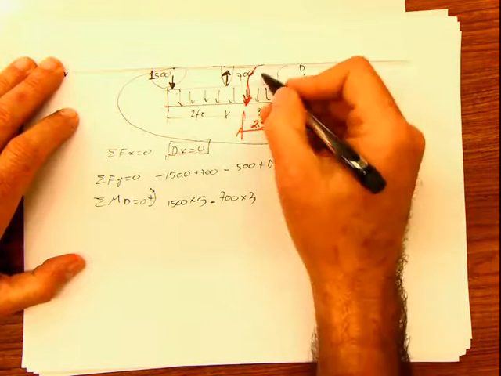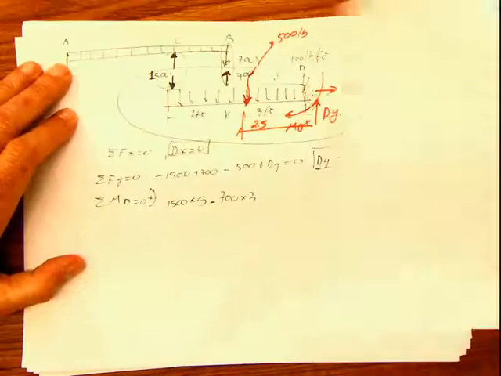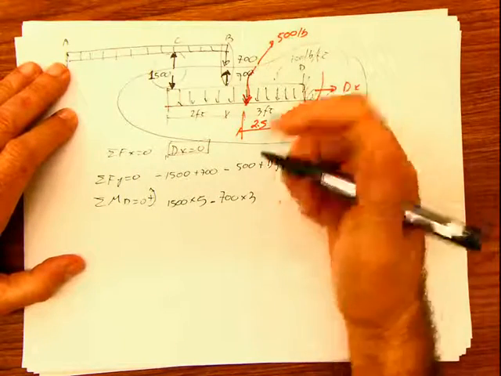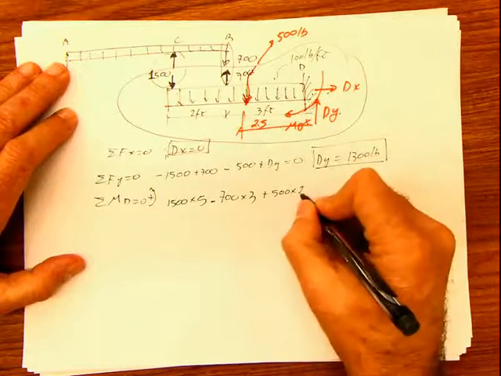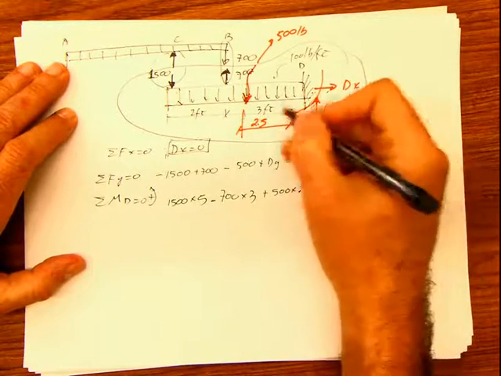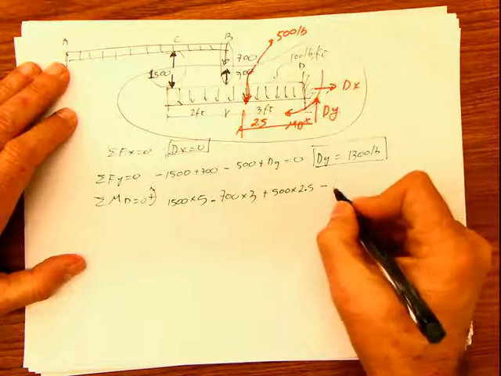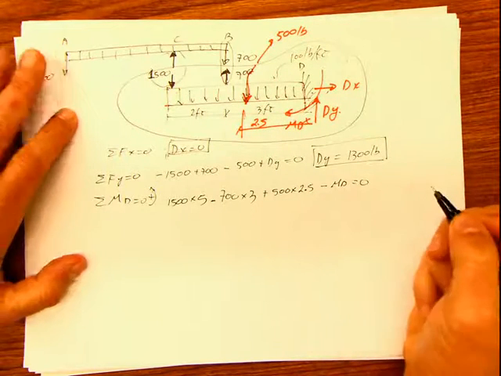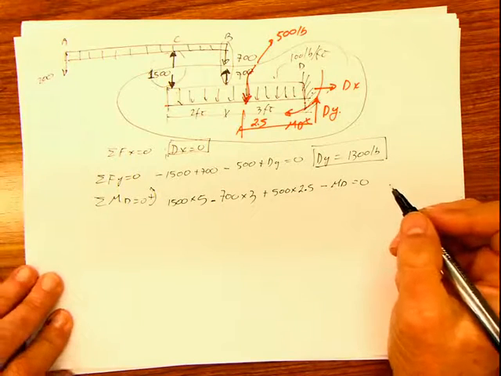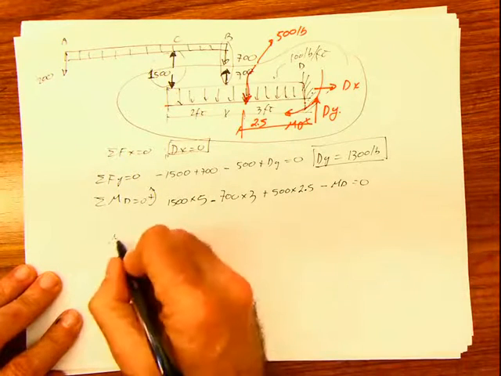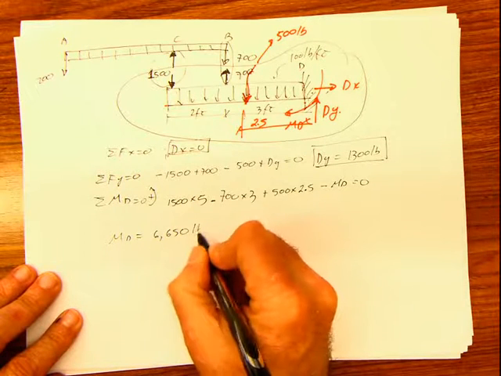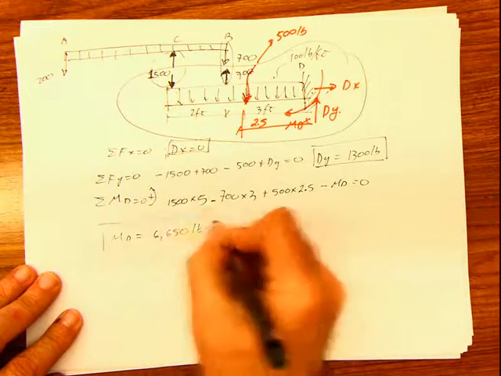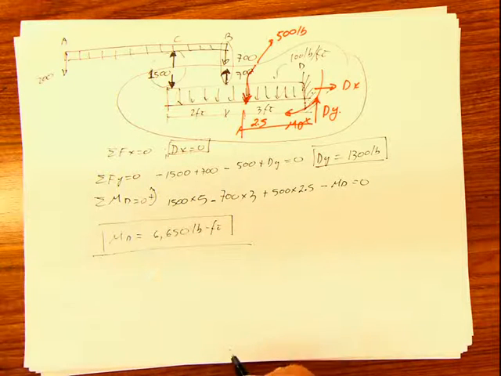Then I have this force, which I calculated before as 500, and it's going to be positive 500 times 2.5. And then I have this moment that I assumed in this direction. When you solve for MD, MD is 6,650 pounds per foot. And those are our reactions for that part.